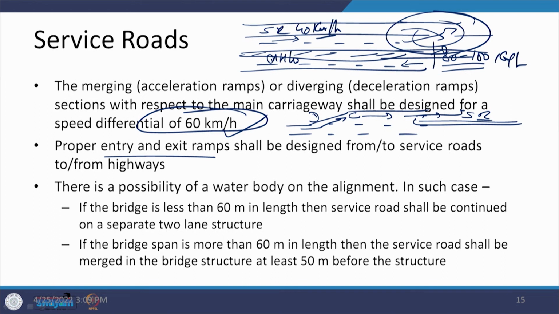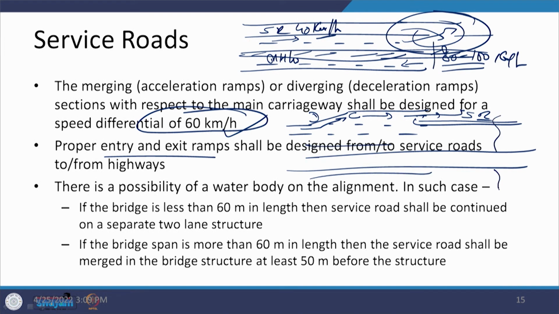Now, another aspect which may happen is that you are providing a road system which also has service roads, and what we found is that there is a river here. Now, in this case, how to design and how to provide a continuous facility is what we are talking about. When we look at this, it all depends on what is the span of the bridge which needs to be provided at this location.